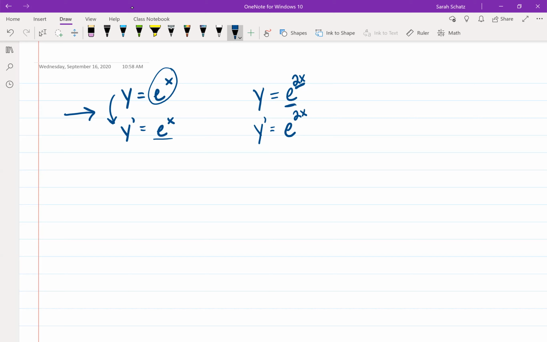But because it is not just an x, I have to now use the chain rule. So remember the chain rule, no matter what function you are differentiating, the chain rule says that whatever this is, in this case it's up in the power, whatever x term you have that's not just x, you have to take the derivative of that too, and you always multiply it onto the end.